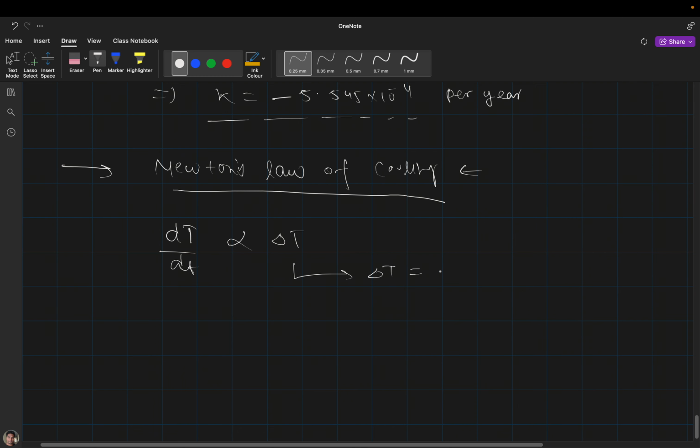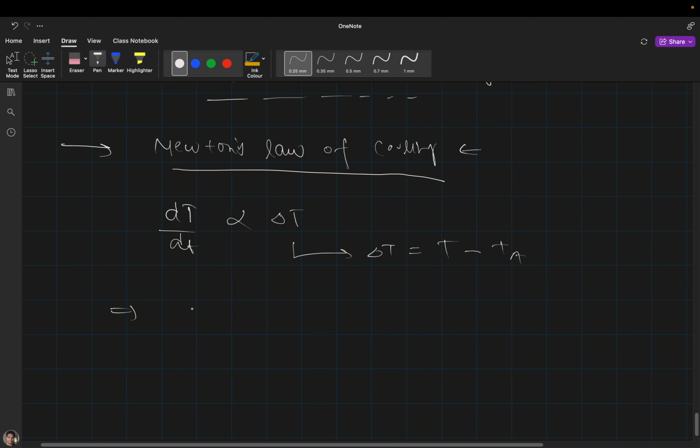Delta T is nothing but the temperature at time t minus the ambient temperature. So after removing the proportionality constant, I can write dT by dt is k times T minus Ta. This is called the ambient temperature.